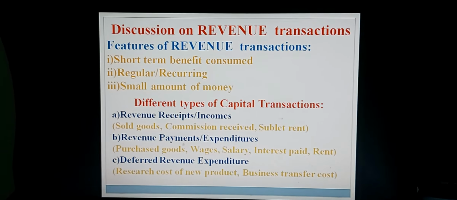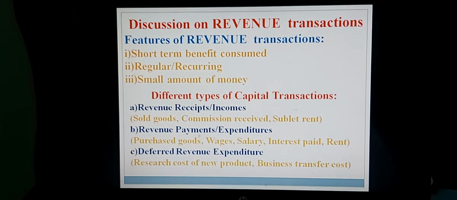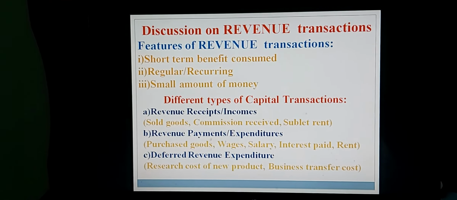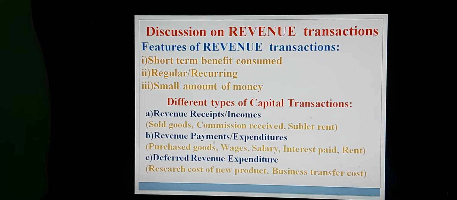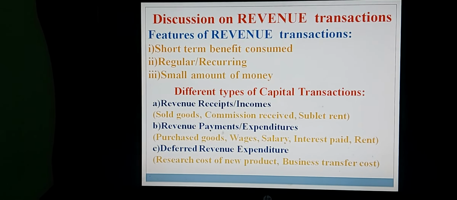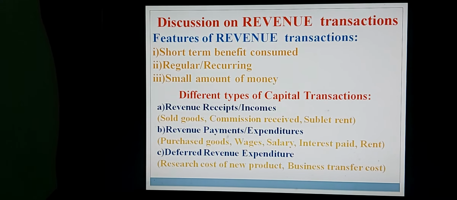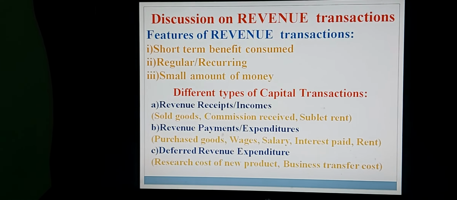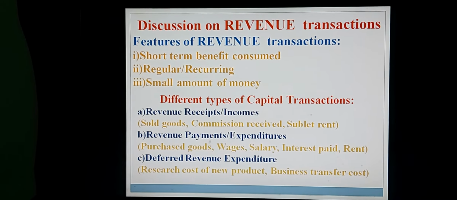Discussion on revenue transactions. In this screen, the revenue transaction. What are revenue transactions? The features or characteristics of revenue transactions are: its short-term benefit consumed, it's a regular or recurring item, it's related to a small amount of money.